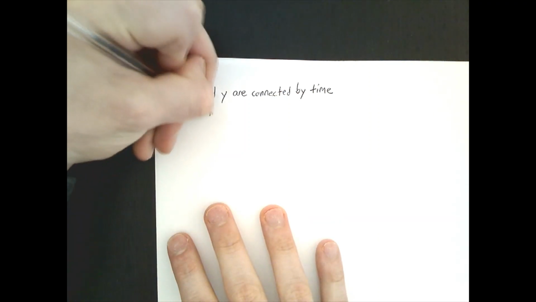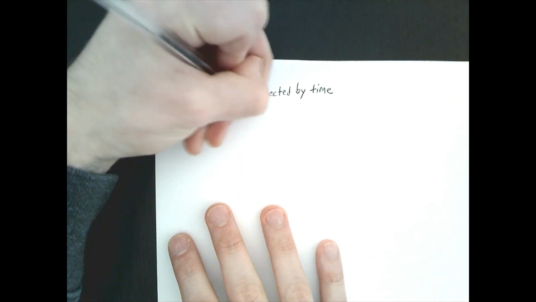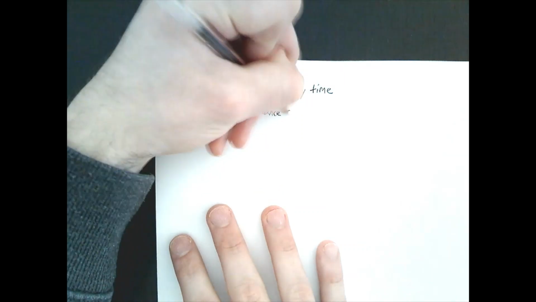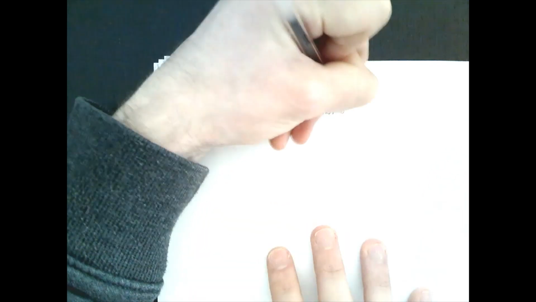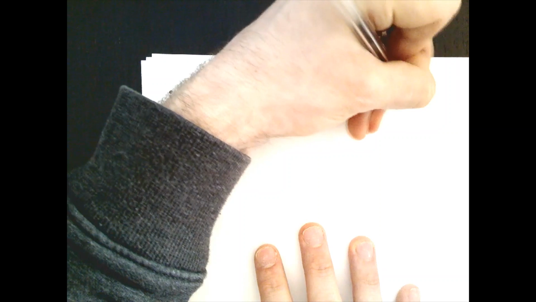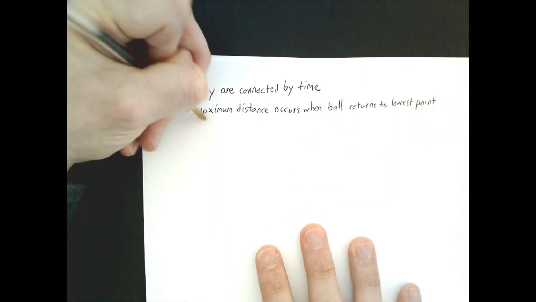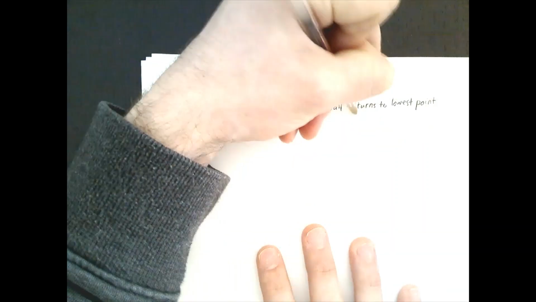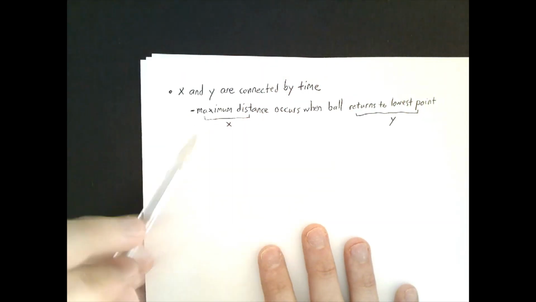So in other words, maximum distance occurs when the ball returns to its lowest point. So maximum distance looks at X, returns to lowest point looks at Y. But it's important that these are happening at the same time.